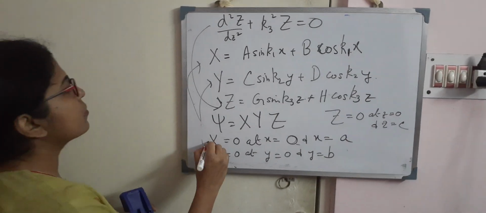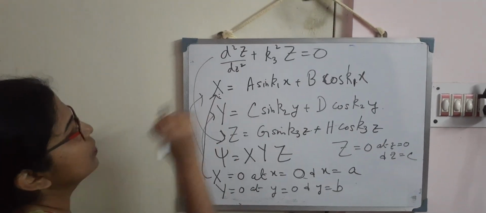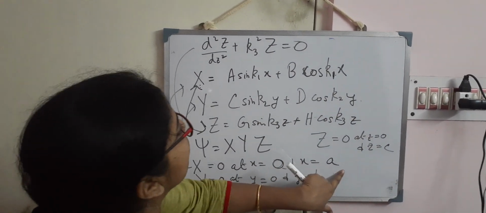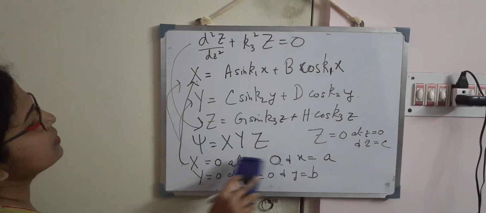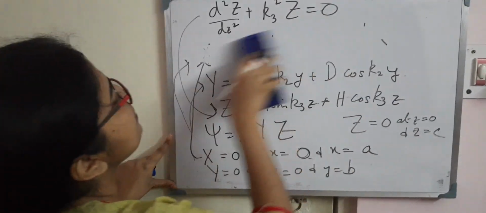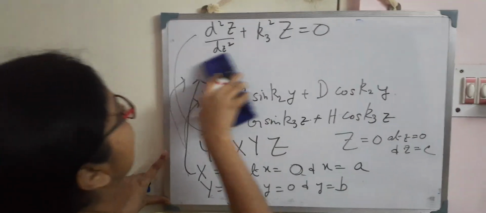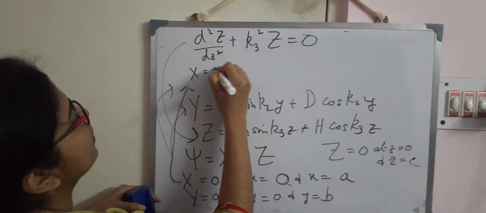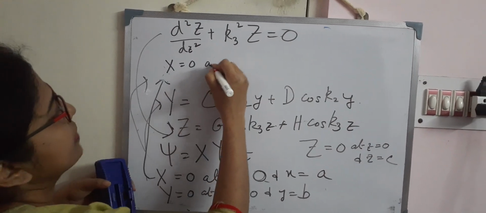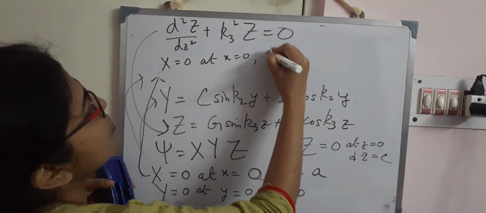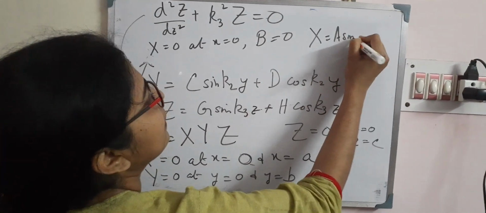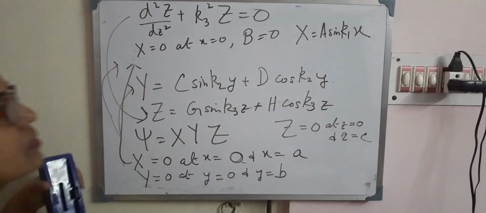If we apply the first boundary condition, X is 0 at x equal to 0 and x equal to a. When X is 0 at x equal to 0, we have already done this for the 1D case, and we get the constant b to be 0. So X will be a sin k1x.